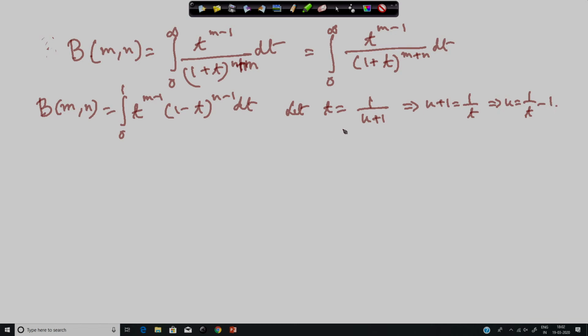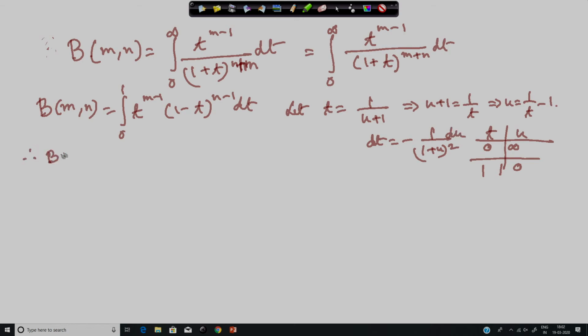And dt becomes minus du over 1 plus u whole square. So when t is 0, u is infinity, when t is 1, it becomes 0.